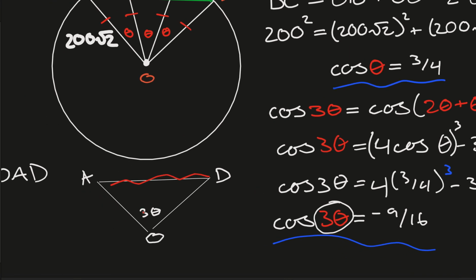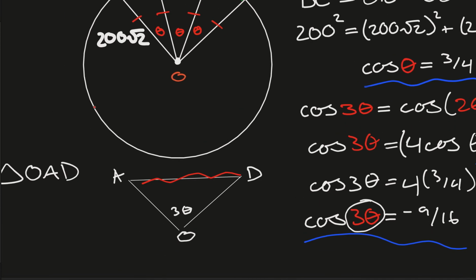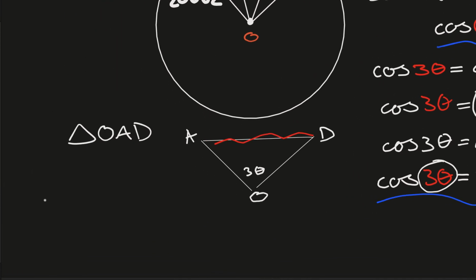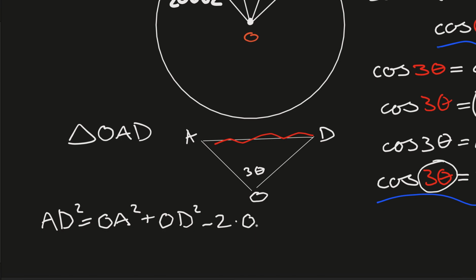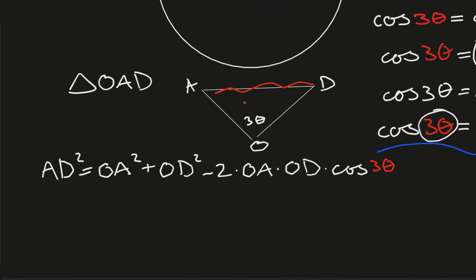That's the reason we found 3 theta, because it would be the angle of that triangle that we're referencing. So, applying the law of cosines, we get AD squared is equal to OA squared plus OD squared minus 2 times OA times OD times cosine 3 theta, because that's going to be our angle.